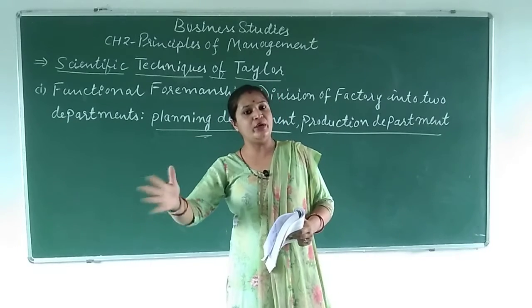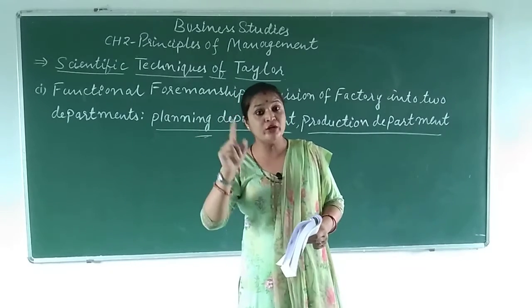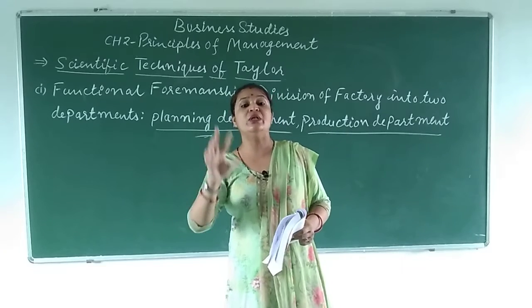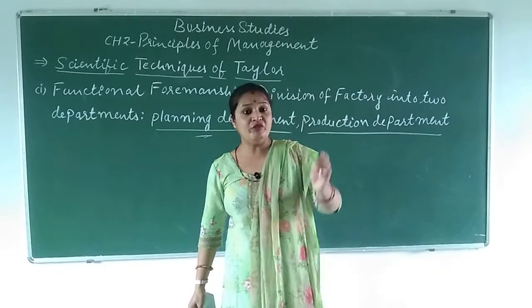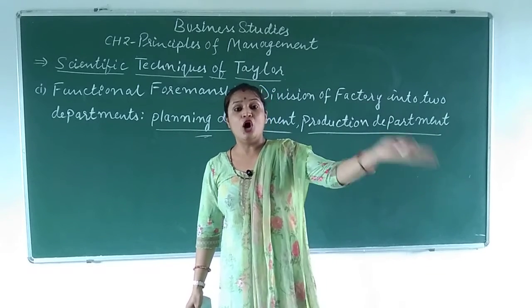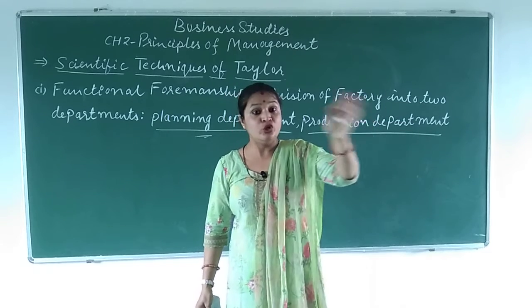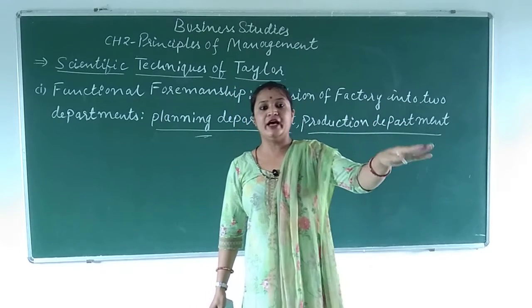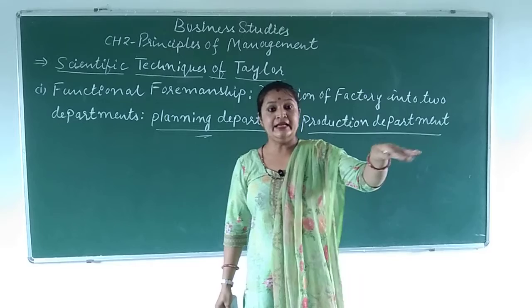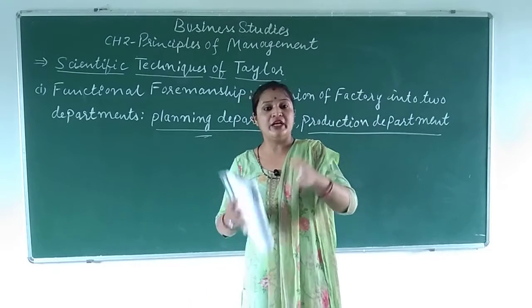Workers are doing their work, but we need some person who will see all this work. We cannot depend on the workers to do that. One person should be there who will supervise and who should be an expert in all these things.